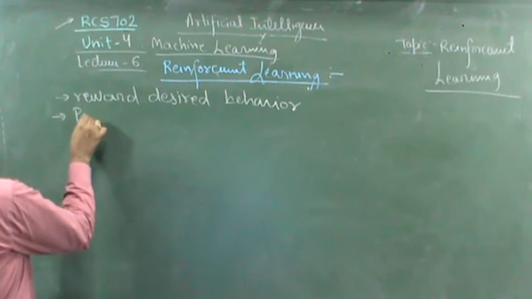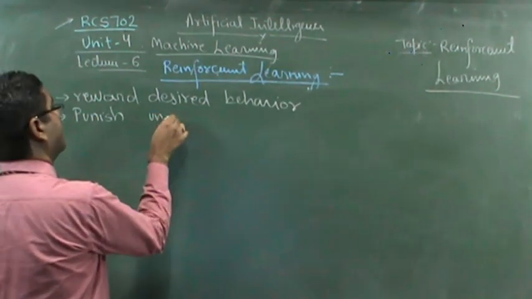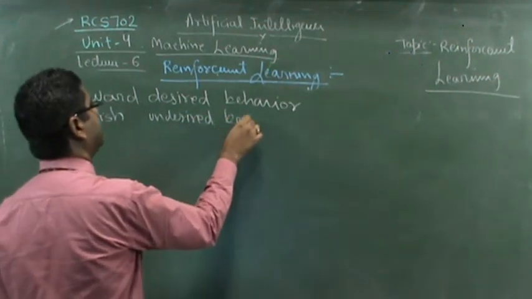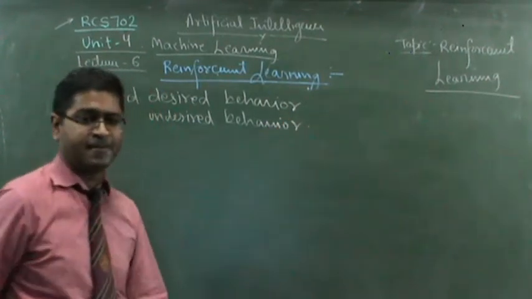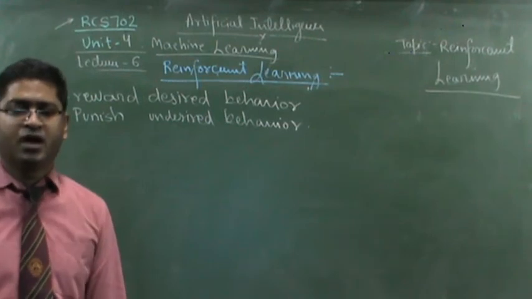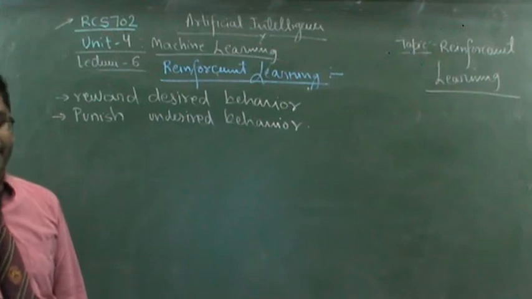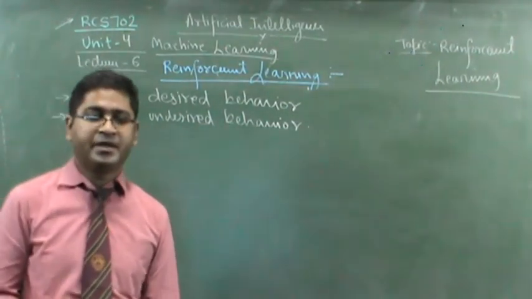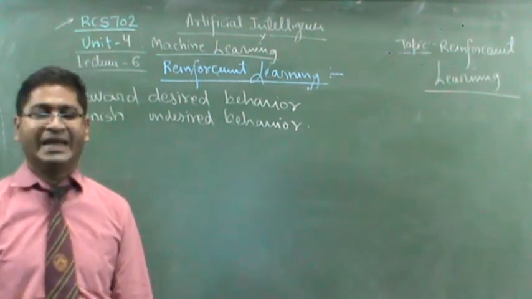In general, a reinforcement learning agent is able to perceive and interpret its environment, take actions, and learn through trial and error.